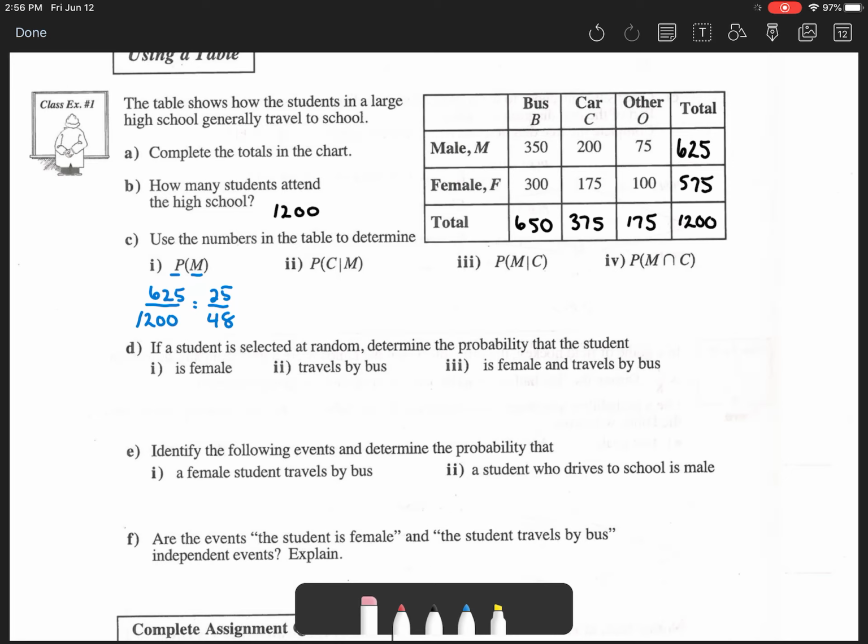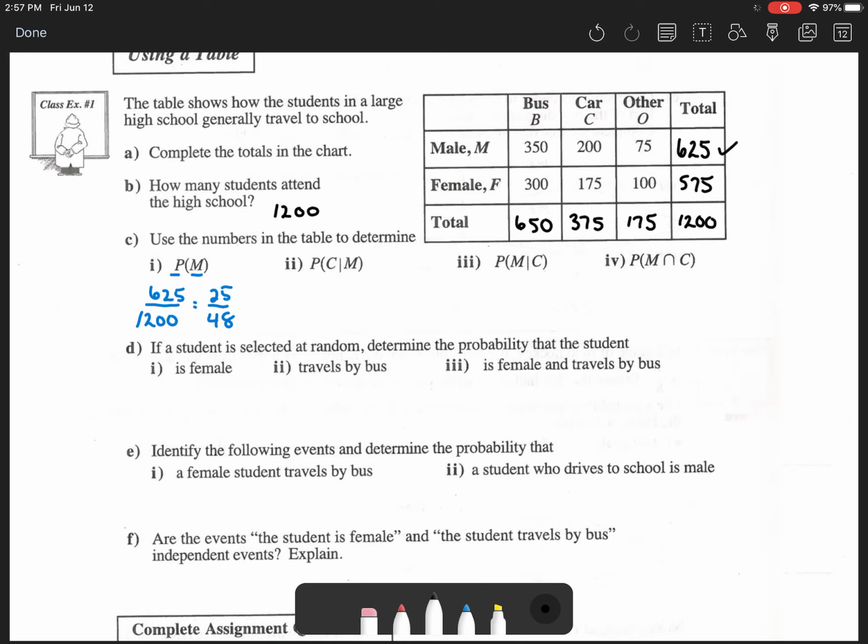Next, I'm going to be talking about the probability of C given that M has occurred. Again, this is from last day's lesson. This is the probability of C, which would be car, given that M, or the males, have occurred. So we're saying M has occurred, which means I'm dealing with the total of 625.